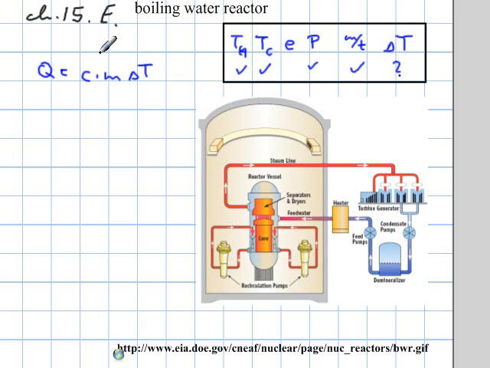I never remember them, so I just look it up. 4,186 joules per kilogram and Celsius degree. And then the mass here, well, what is given is not the mass, but the mass over time. So what I can do here is I can divide the left-hand side by time, and I can divide the right-hand side by time.